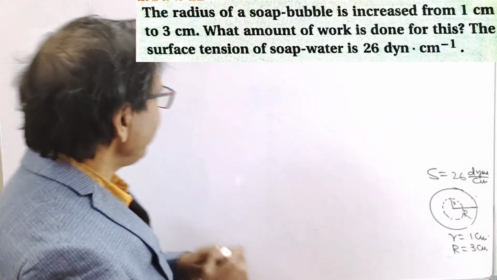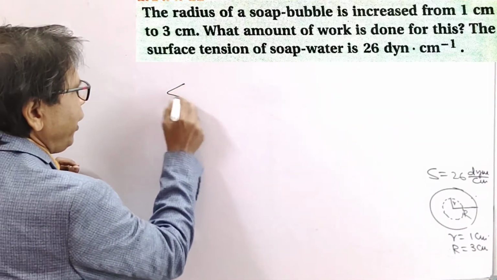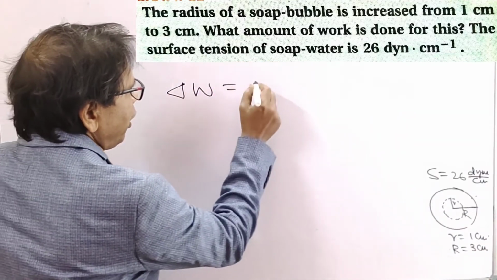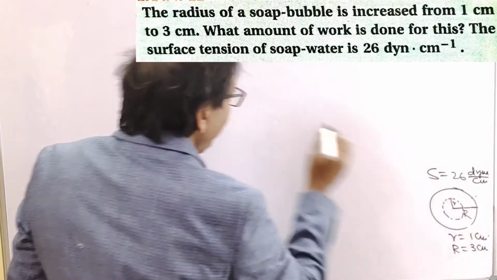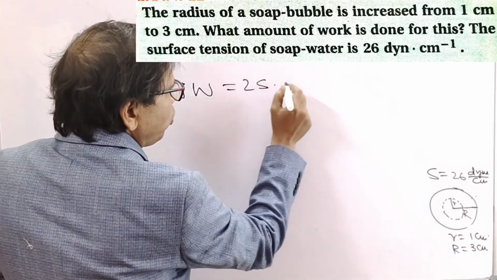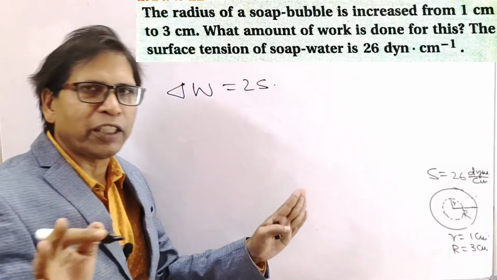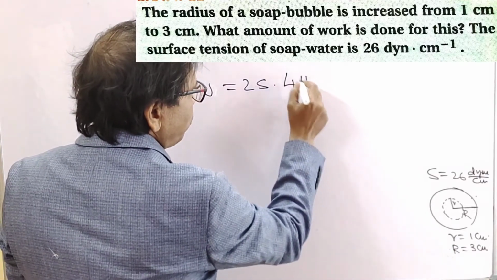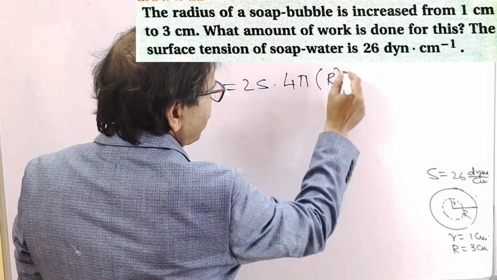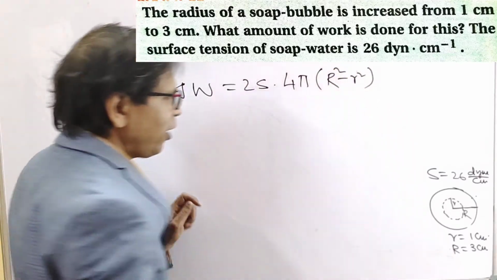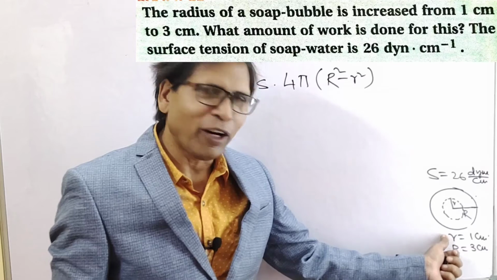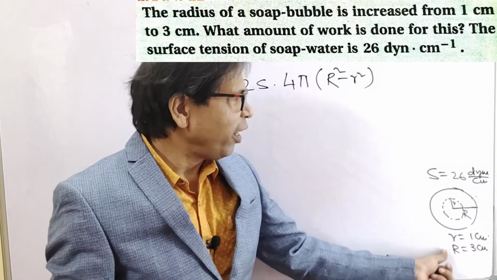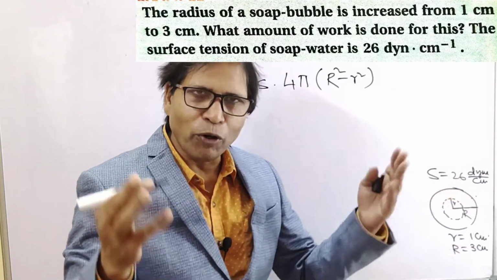Now look at this, the work done delta W. It has two surface areas, so this is 2S into increment of surface area. What is the increment of surface area? This is 4 pi into capital R square minus small r square. Here small r is given, capital R is given, and surface tension S is also given.